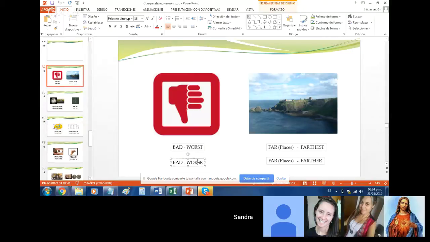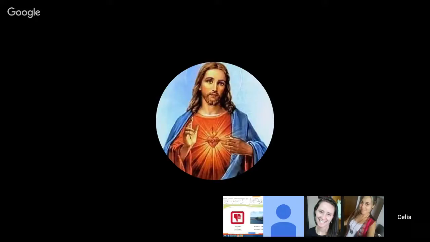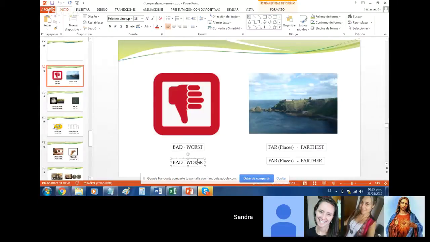The farthest neighborhood in La Calera is called Sabanas de Occidente, por ejemplo. Entonces decimos bad como algo malo. La forma del superlativo es worst. Estamos señalando que algo es muy malo, estamos resaltando que algo es malo dentro de un grupo de cosas. Y bad en su forma de comparación es worse. Estamos comparando que algo es más malo que otra cosa.